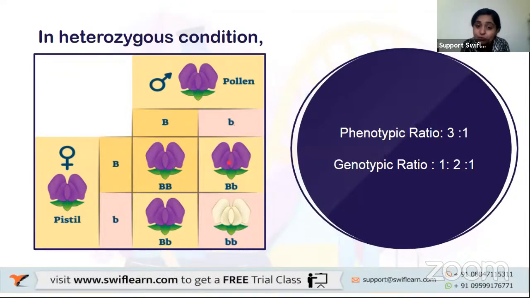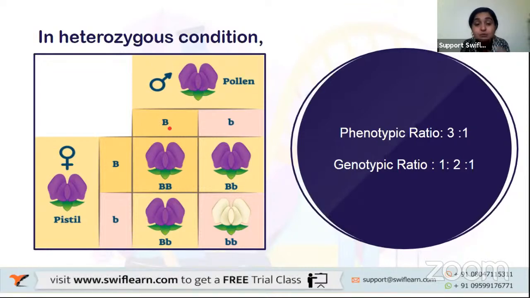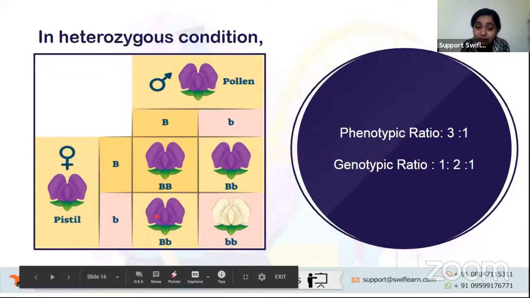So of course it's going to be a dominant trait, right? What if here the small b is the recessive, and here is the dominant one? Whenever there is a dominant trait, the inheritance of the one that is more prominent is going to take place. So that's why again it's purple in color.